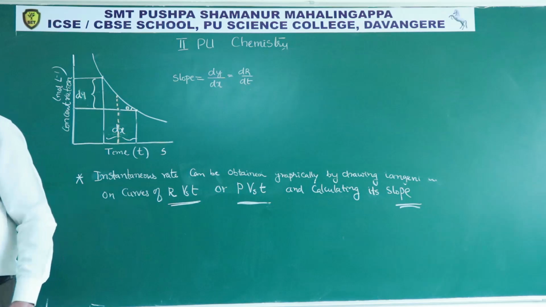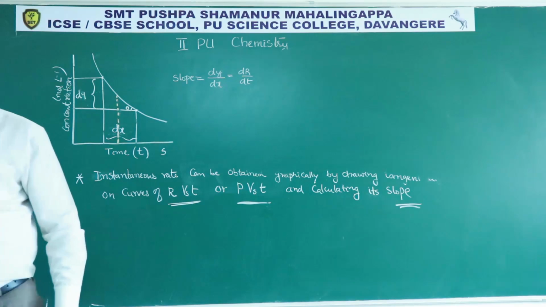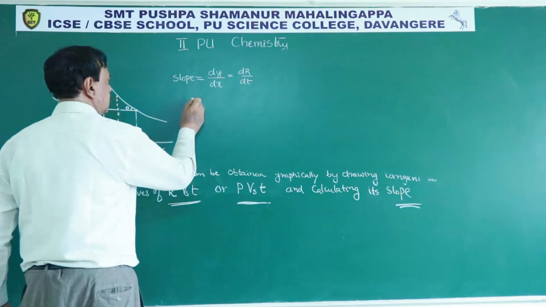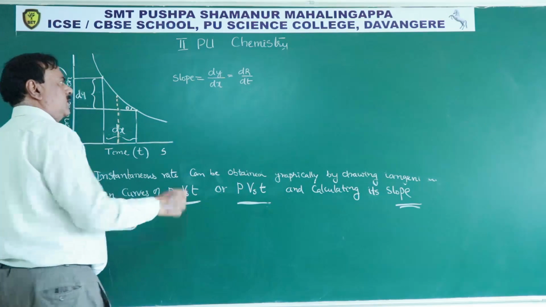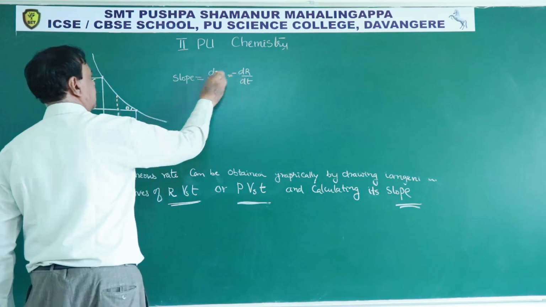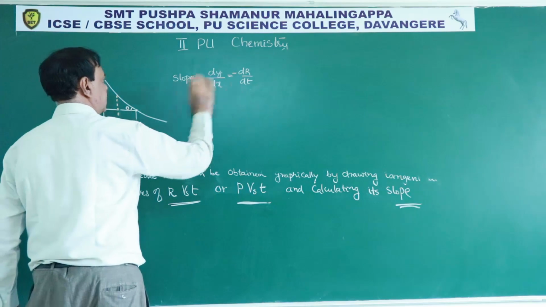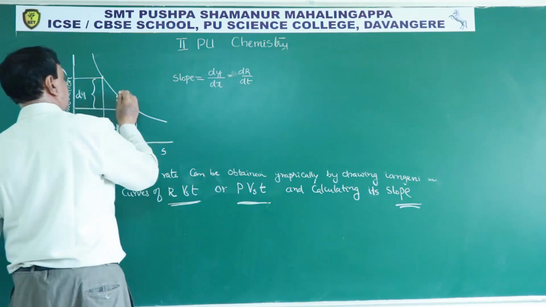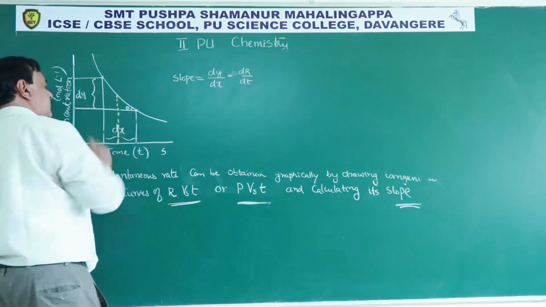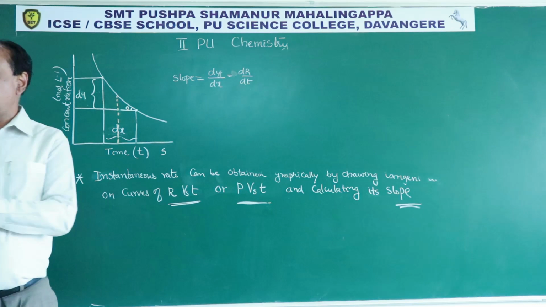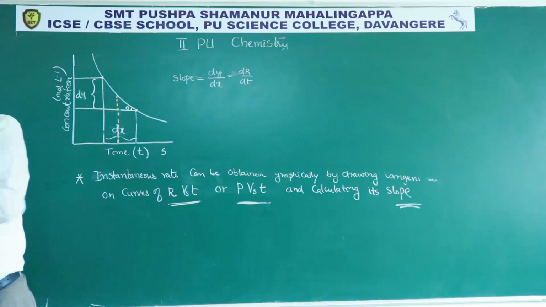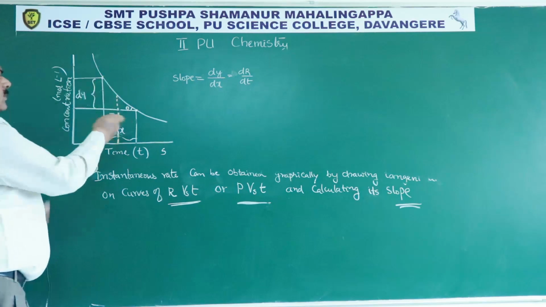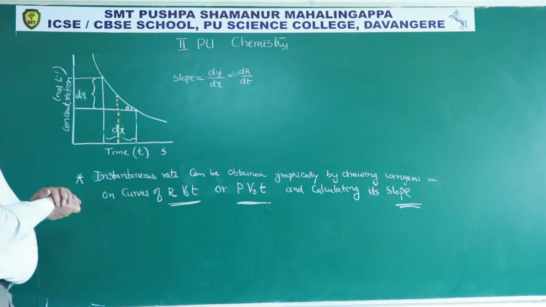Therefore rate is equal to minus slope, with respect to the reactant, in decreasing order. This orange mark refers to the instantaneous rate. At any instant of time t you have to take it.